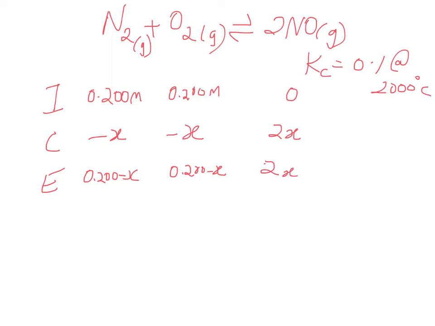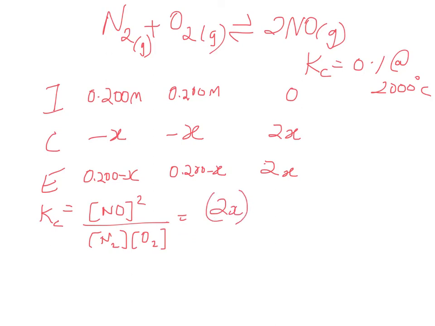And now we are going to substitute those into the equilibrium constant expression, which will look like NO squared divided by N2 times O2, which is (2x) squared over (0.200 minus x) times (0.200 minus x), and that is equal to 0.1.